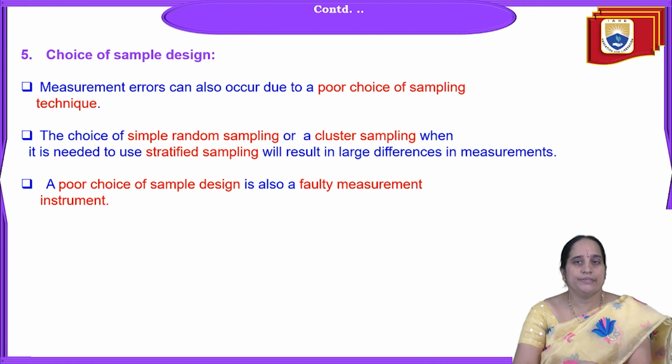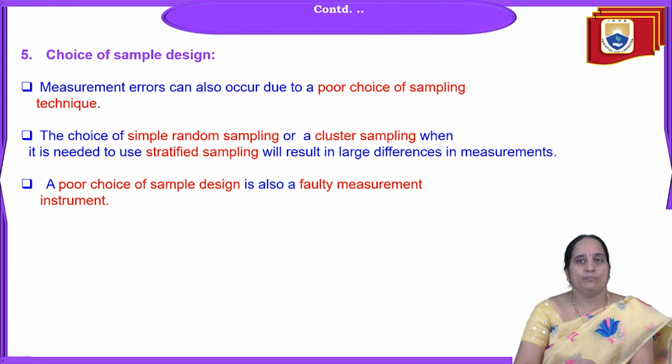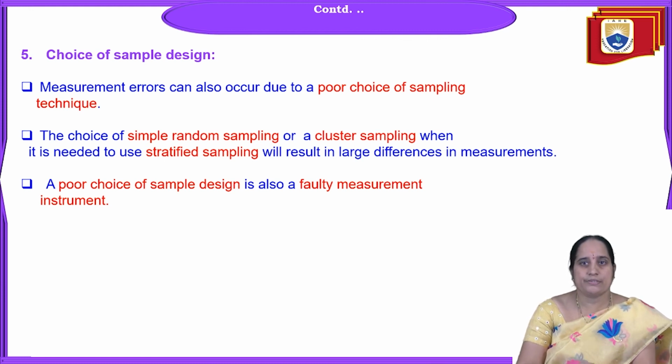The next is choice of sample design. Measurement errors can also occur due to a poor choice of sampling technique. For example, if you have to use stratified sampling, but instead the researcher has taken simple random sampling or cluster sampling or area sampling, again it leads to differences in measurements.